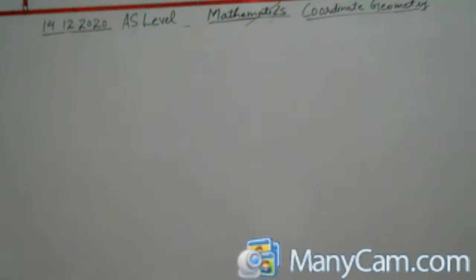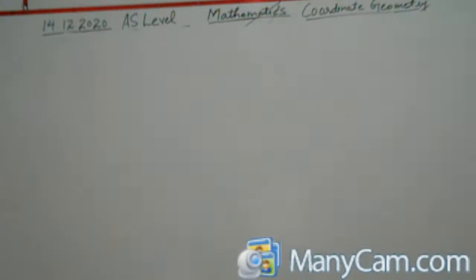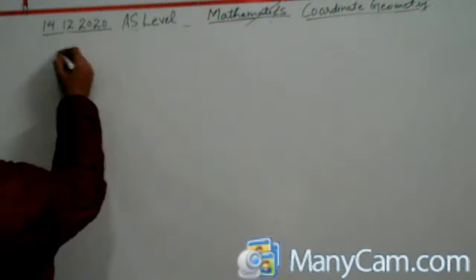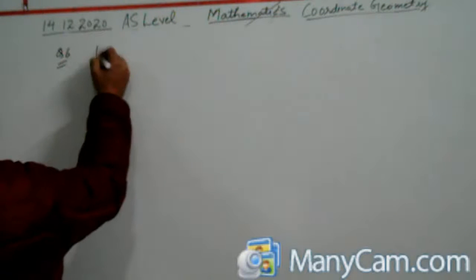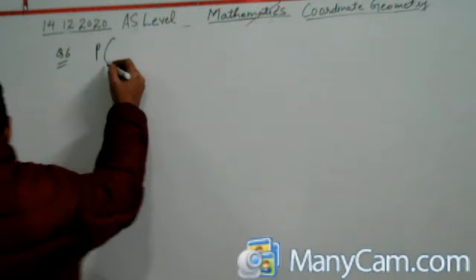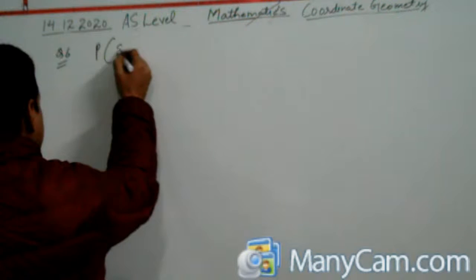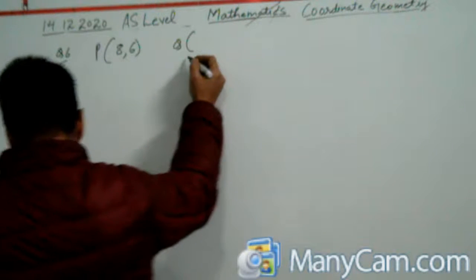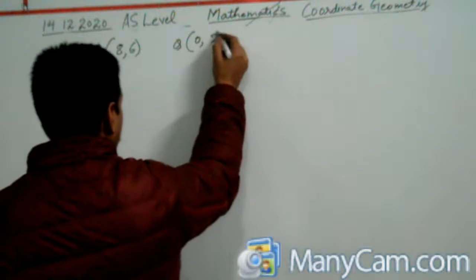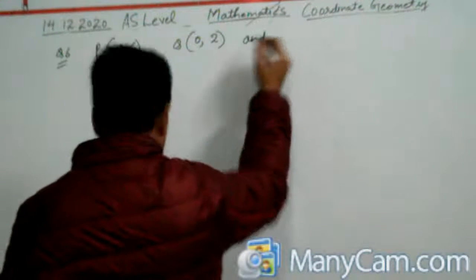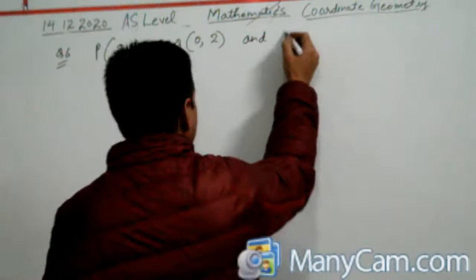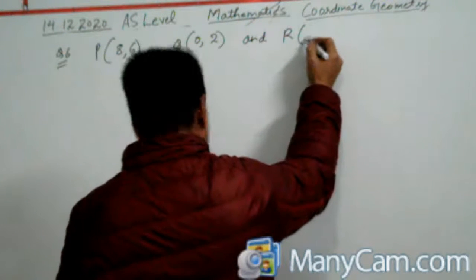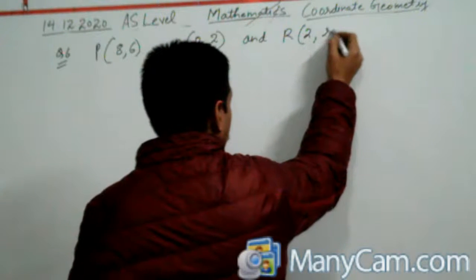Points PQR. In question number 6, point P coordinates are 8 and 6. Q point coordinates are 0, 2, and R point coordinates are 2, r.